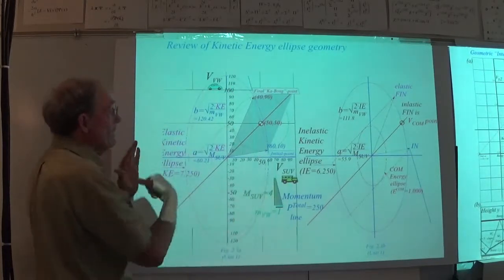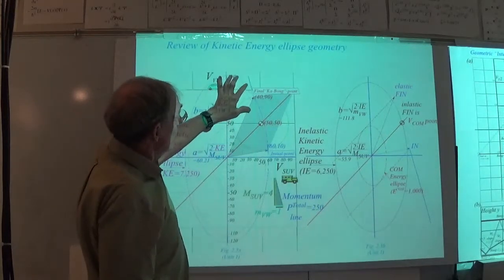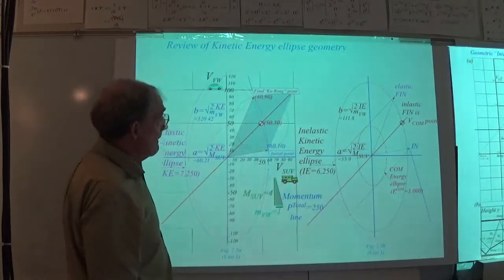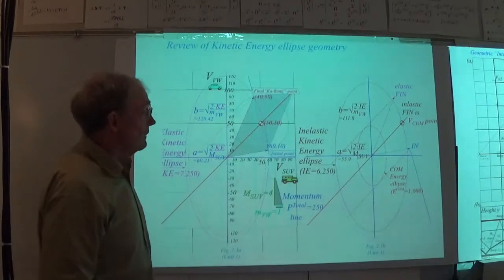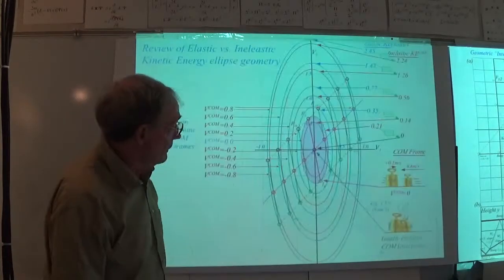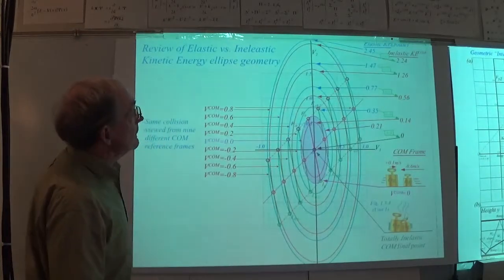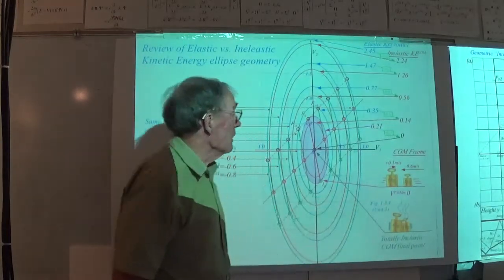So when you do head-on collisions, there's a big difference between the ellipse that represents kinetic and the ellipse that represents totally inelastic. So the last figure of this is here in chapter 3, figure 4.